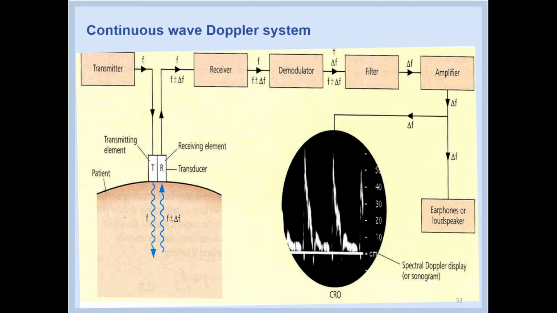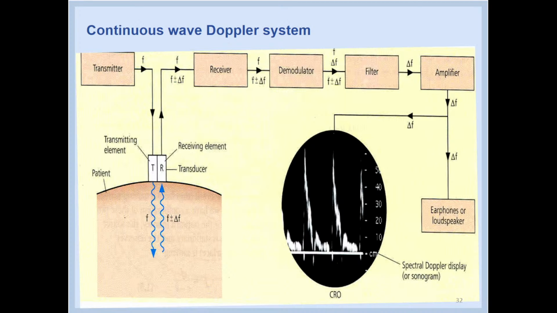With the help of fast electronic analysis and a cathode ray oscilloscope display, the fluctuation of velocity with time can be displayed directly in the form of a graph or sonogram, also known as spectral Doppler display.